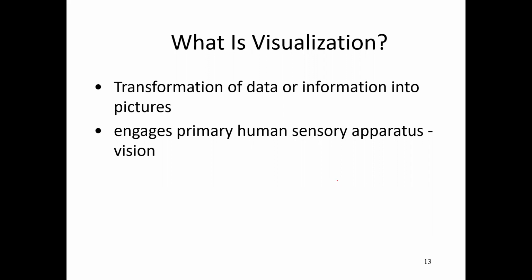And then you can create a visualization where you don't see the numerical values, but you see them in a different form, as a picture or image. So that's why we do this course, visualization. And it engages the primary human sensory apparatus, that is vision, your eyes.